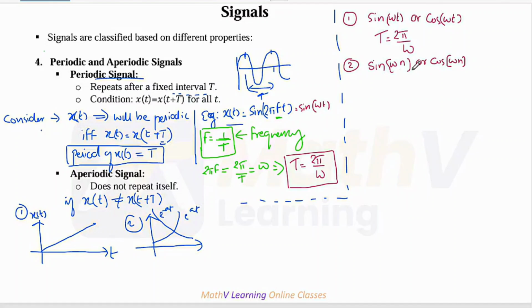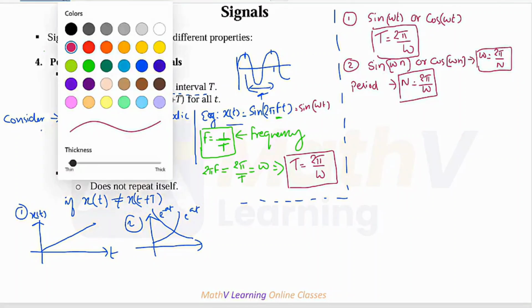Here the time period of the signal, capital N, is given as 2 pi by omega, where omega is given as 2 pi by N.